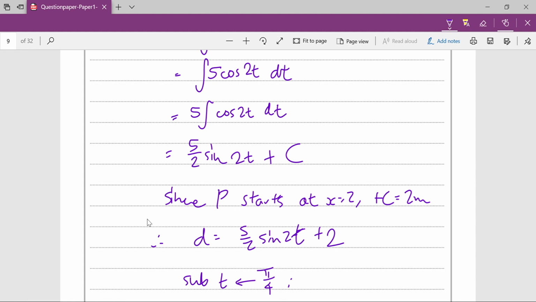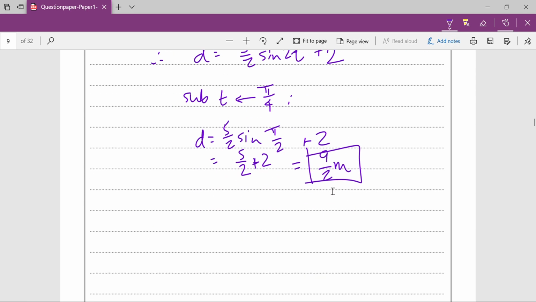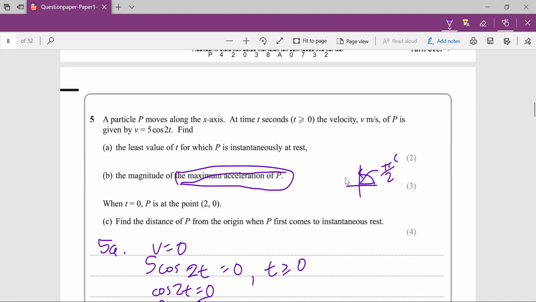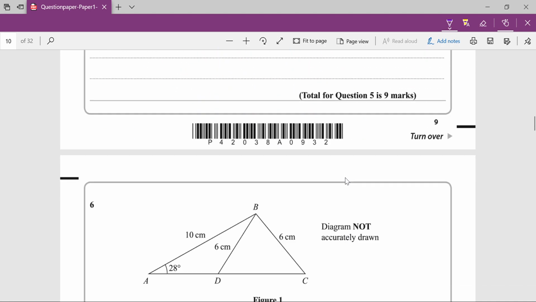So by creating this expression for d on any t and taking the plus 2 into account, we have managed to correctly find the actual position of it on the x-axis rather than just how much it's moved from its original location. Alright, so I'm going to consider this question done, and we are moving on to the last two.